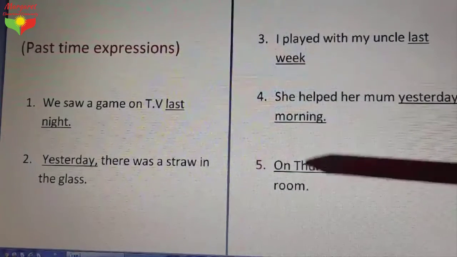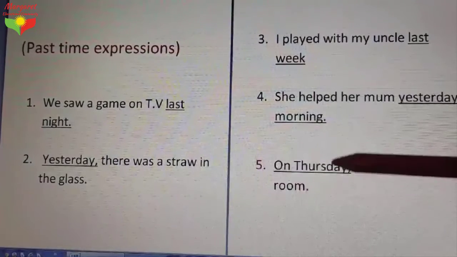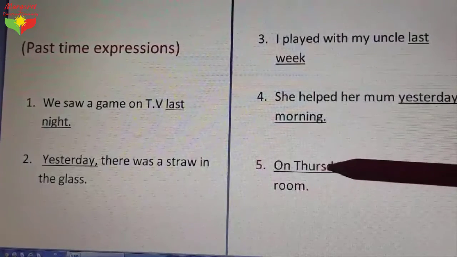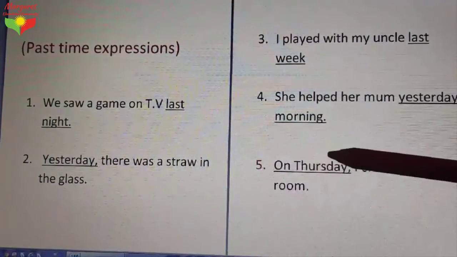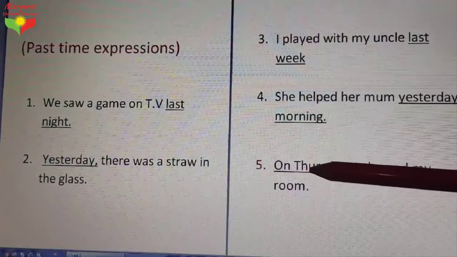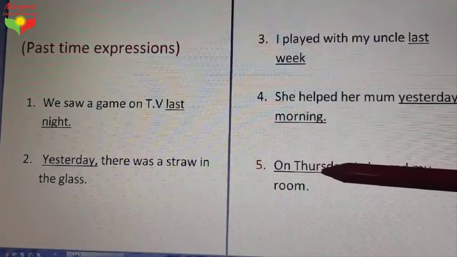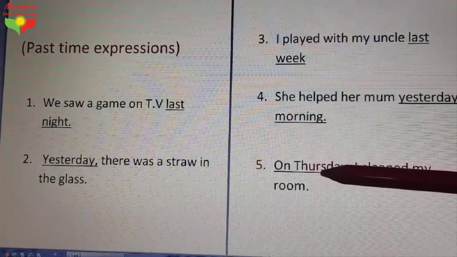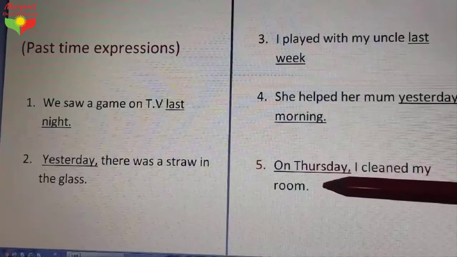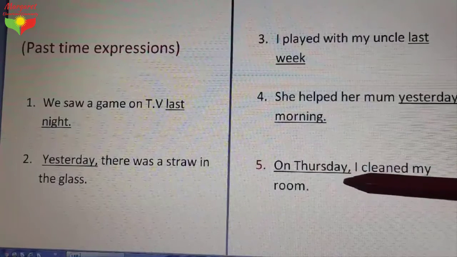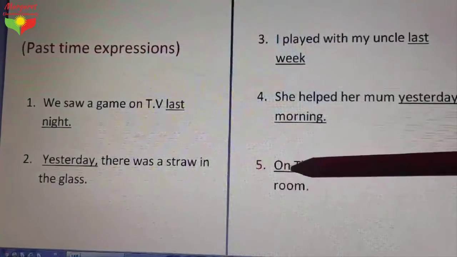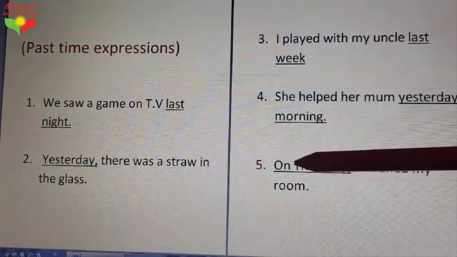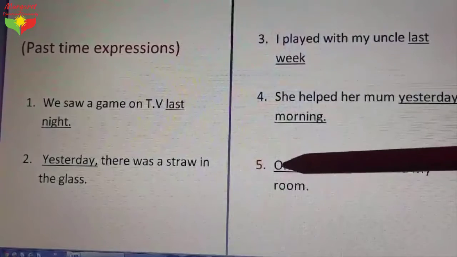On Thursday, look, I used on because we have Thursday, and Thursday is one of the days of the week. If you remember, we talked about days of the week and months. When you write them down in a sentence, whether at the beginning, at the end or in the middle, you have to write the first letter as a capital letter.